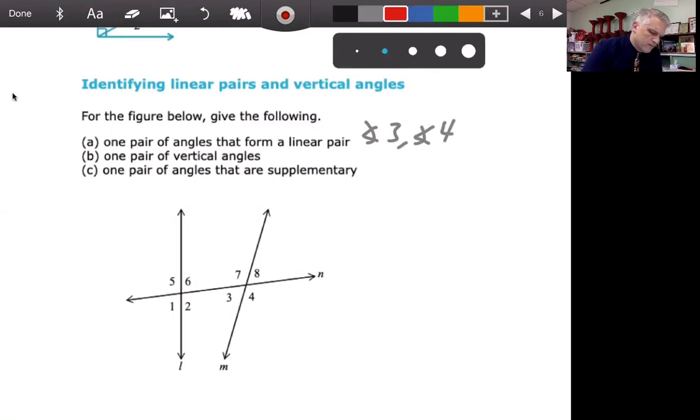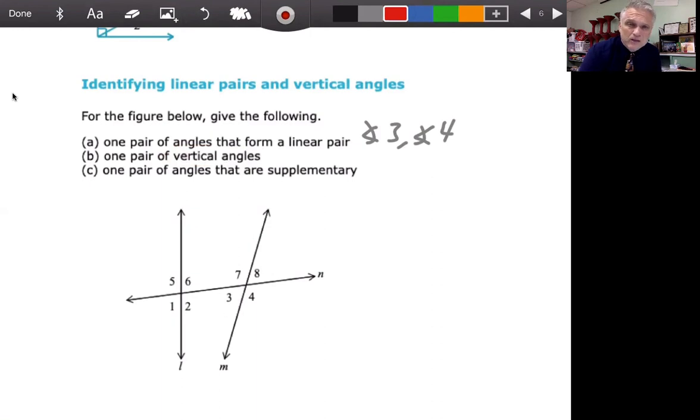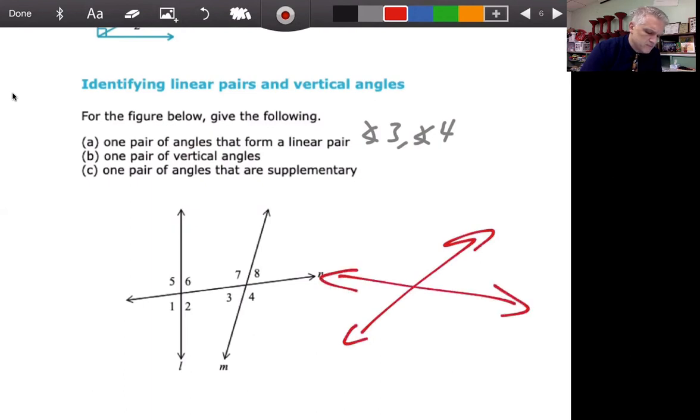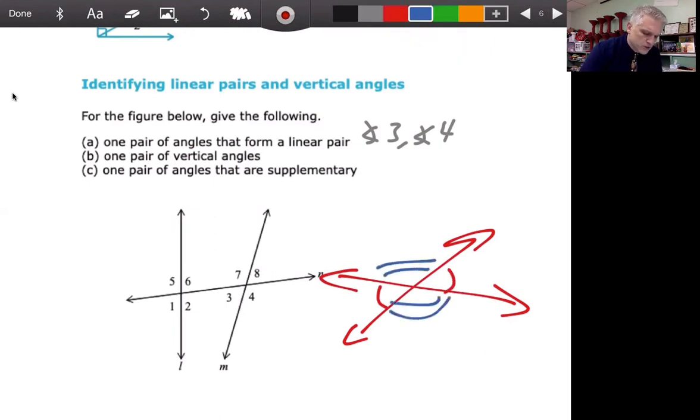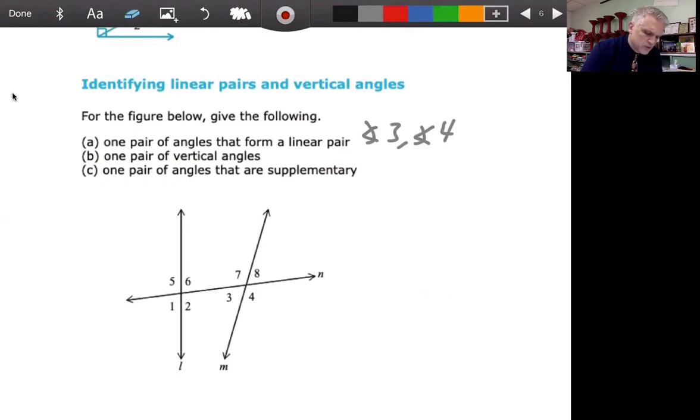Okay. Vertical angles. Some people call them opposite angles. I don't like that, but anytime you have two lines intersecting, you have vertical angles. So all you need to do to find vertical angles is look for an intersection of two lines. So let's look at this intersection right here.